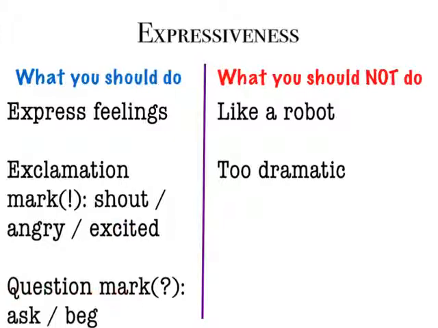If you see a question mark, it can either be an asking feeling, or it could be a begging feeling. What you should not do is to speak like a robot, or be too dramatic, as it would not add on to the marks for reading aloud in this criteria.